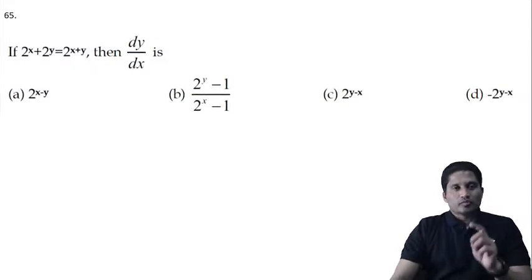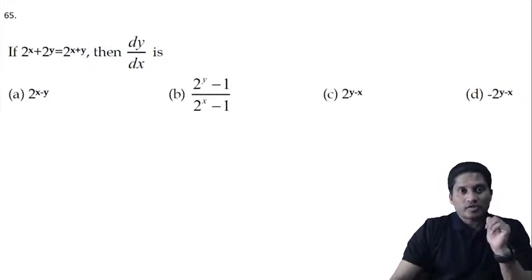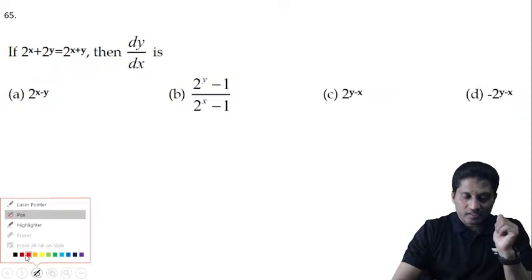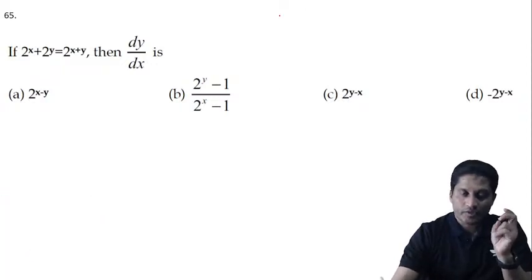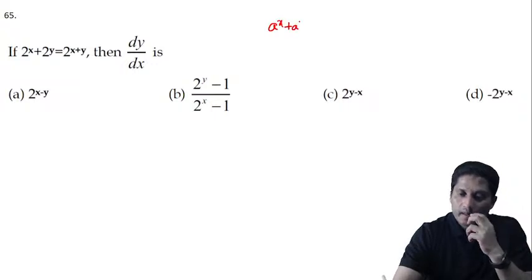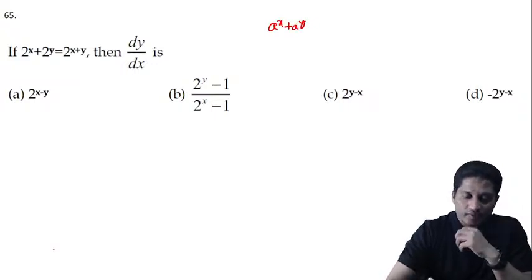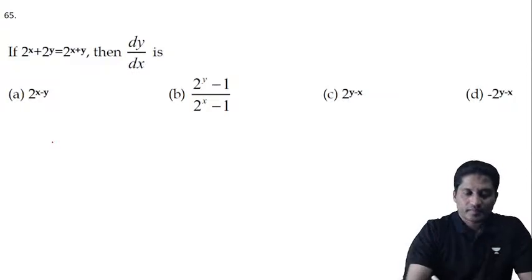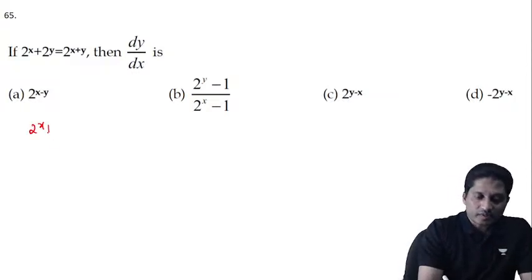2 power x plus 2 power y is equal to 2 power x plus y. What is dy by dx? See, actually, this is a standard result. You can prove it as well. a power x plus a power y. If I prove this problem, I can write this as 2 power x plus 2 power y whole divided by 2 power x plus y is equal to 1.